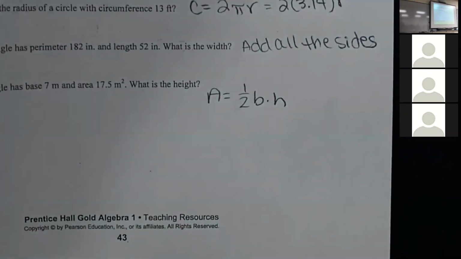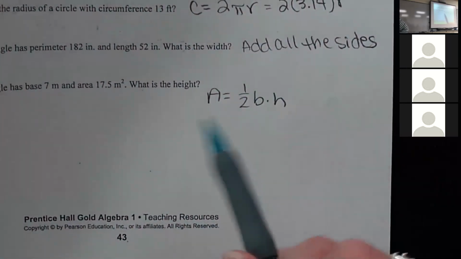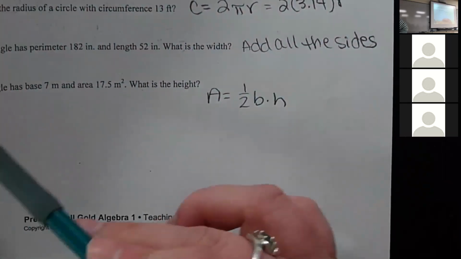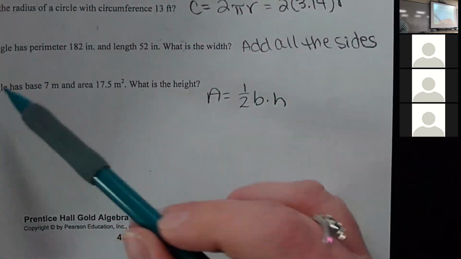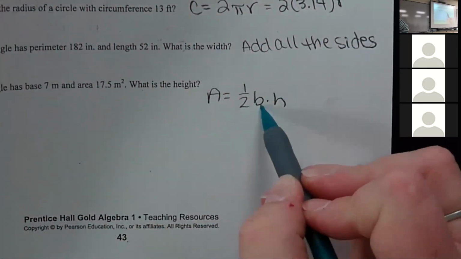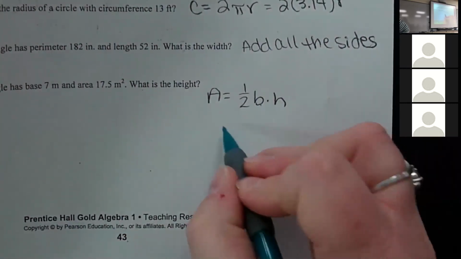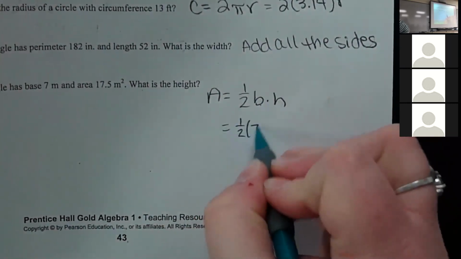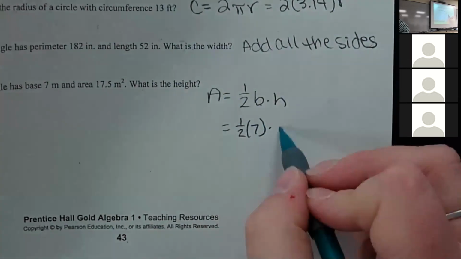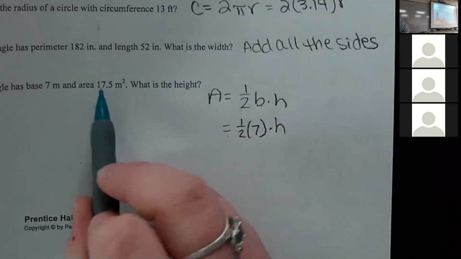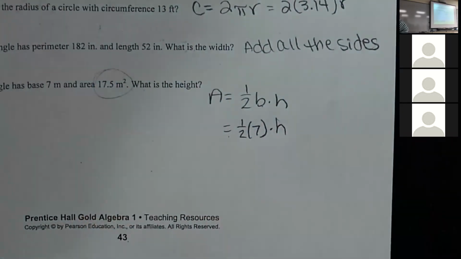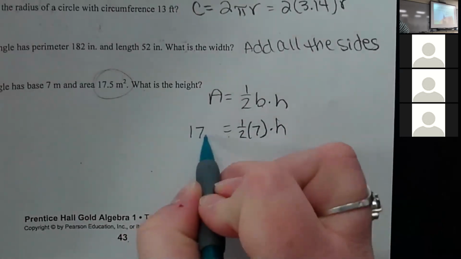Okay. So just because I'm generous and feel like helping you out on this one a little bit, let's look at 18. So it says a triangle has a base of 7. So that's going to go in for the B. So I have 1/2 times 7 times, do I know the H? No. Equals, the area is 17.5. So you're going to plug that in here.